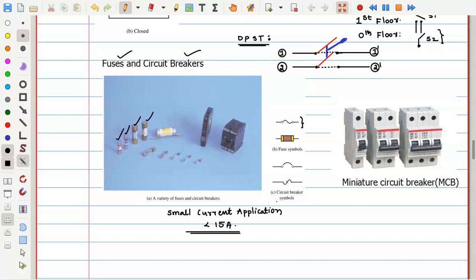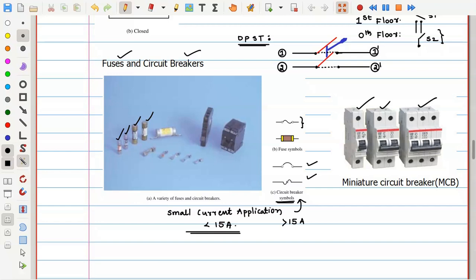And the other thing is the circuit breaker. A circuit breaker is used for somewhat higher current applications, usually greater than 15 amperes. The circuit breaker symbol in the circuit looks like this. Some of you might have seen this kind of thing in your home or even outside.